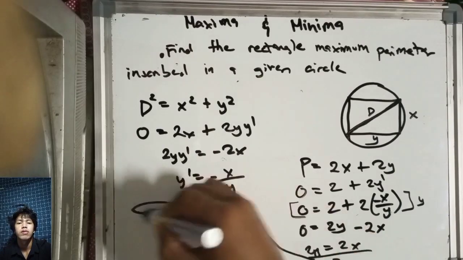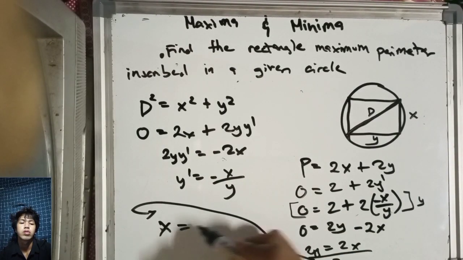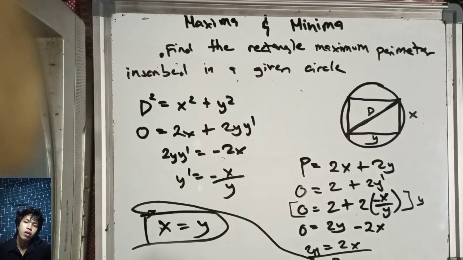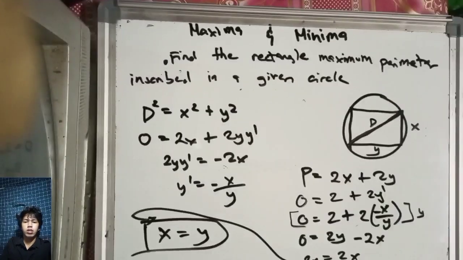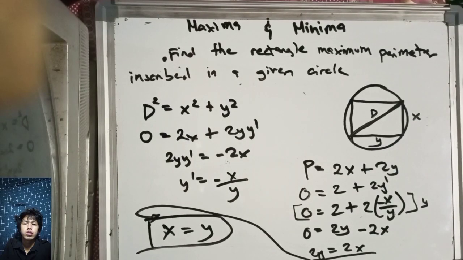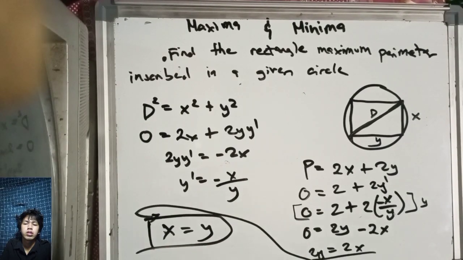We divide all terms by 2 and have the answer x equals y. So the sides of a rectangle inscribed in a given circle that give it the maximum perimeter are when the sides are equal, or when it is a square. When the sides are equal, that will give you the maximum perimeter.